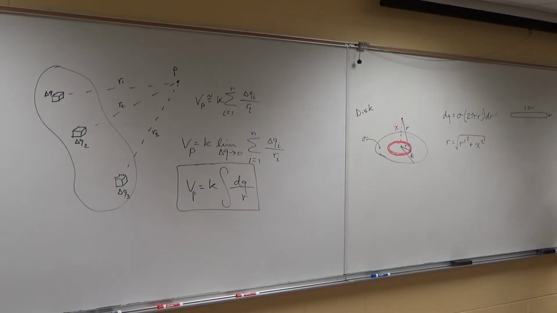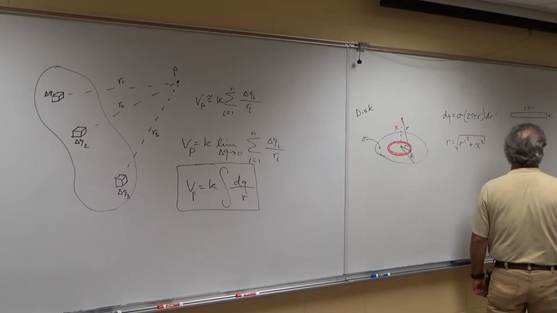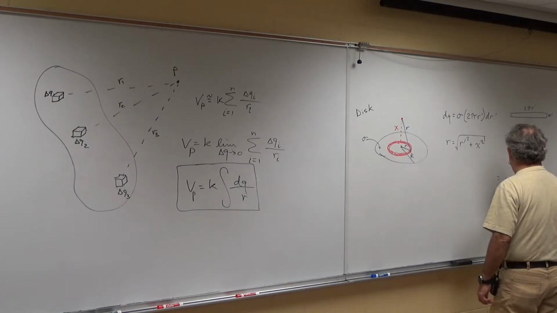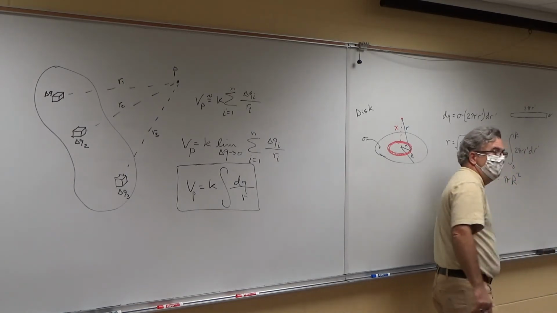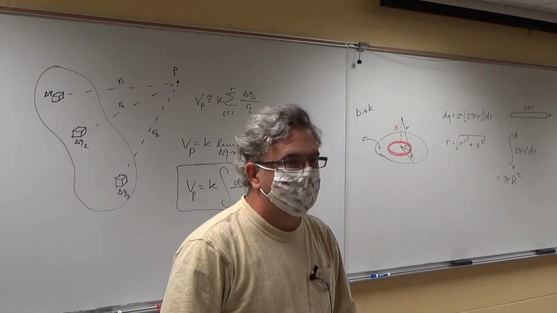What do you get if I integrate this from 0 to r? The area. You see what I mean, Owen? If I take the integral, that's what we need. That's the area of the circle, of the disk.